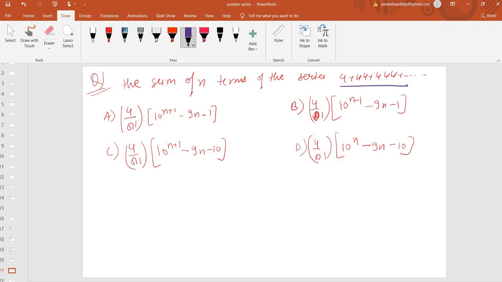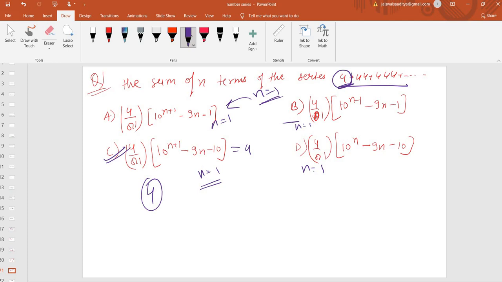So just do one thing: if n is equal to 1, the answer will come 4. So you just have to put the value n is equal to 1. Try it once by yourself and let me know.